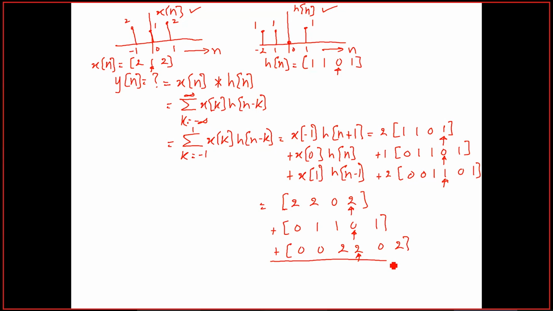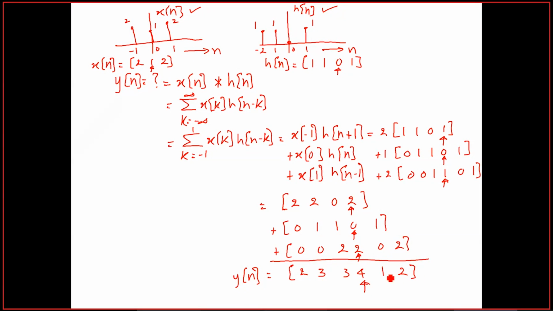And if we add all of them together, you end up getting your answer, which is your y of n, and this will be 2 3 3 4 1 and 2 with the arrowhead right there.